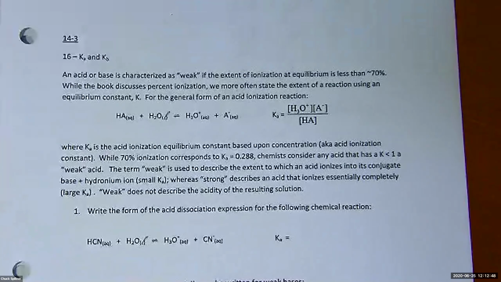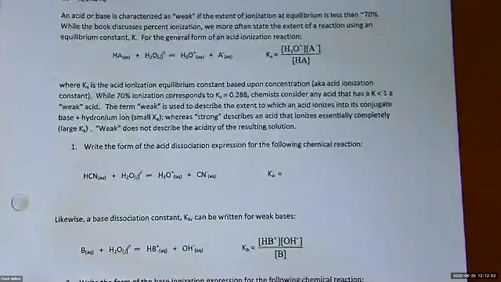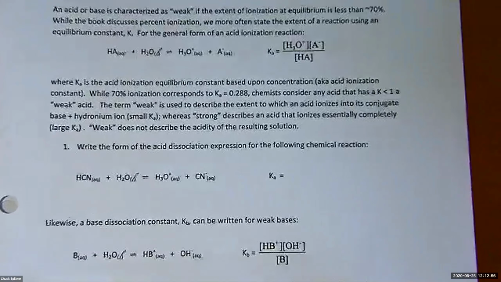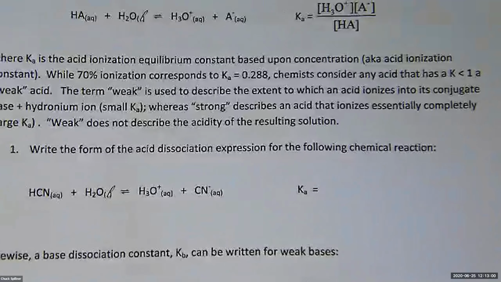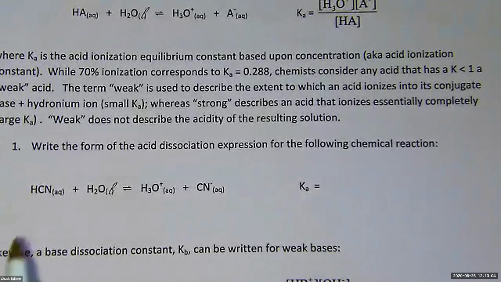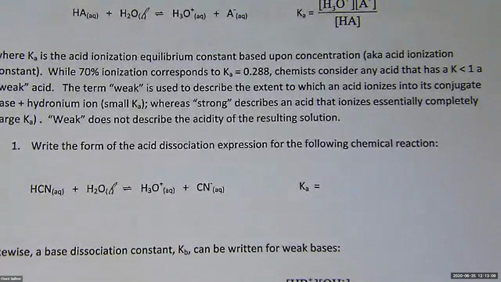I'm not going to read the top part, you can do that. The first problem says, write the form of the acid dissociation expression for hydrocyanic acid in water. So the Ka for this is pretty straightforward.